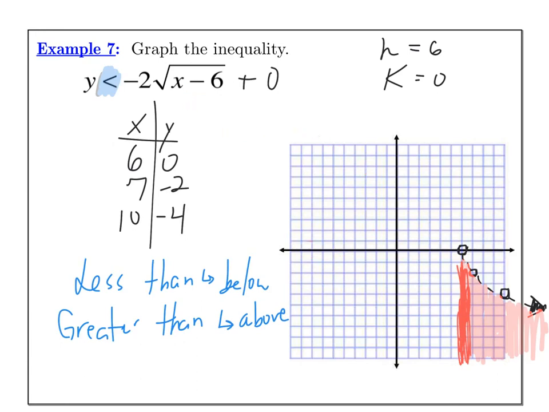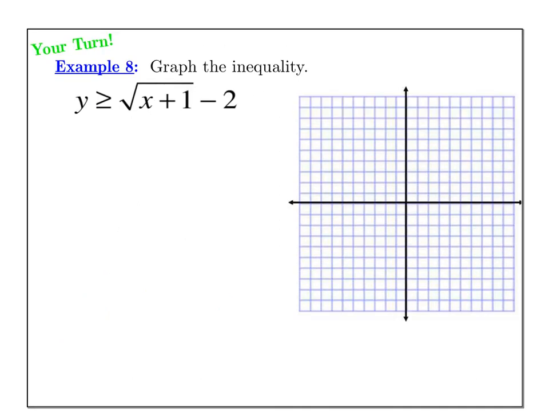So you're going to try one on your own now, and we'll call it a day. Okay, give this one a shot, and pull up the solution when you are done. My h value is -1, my k value is -2.